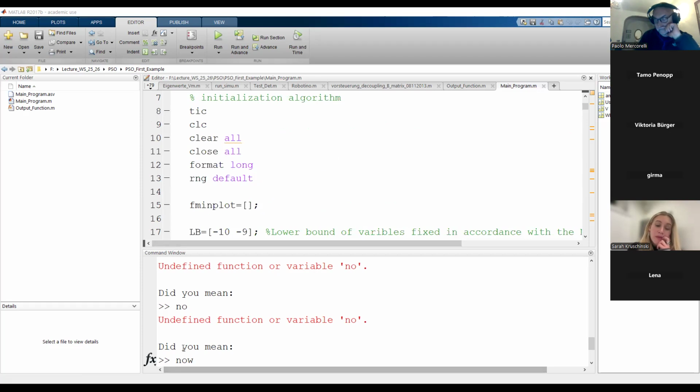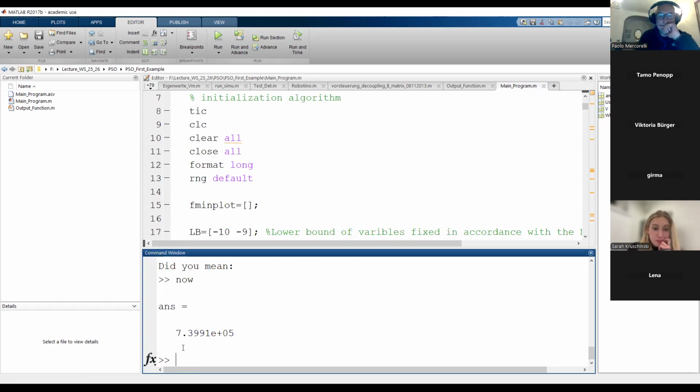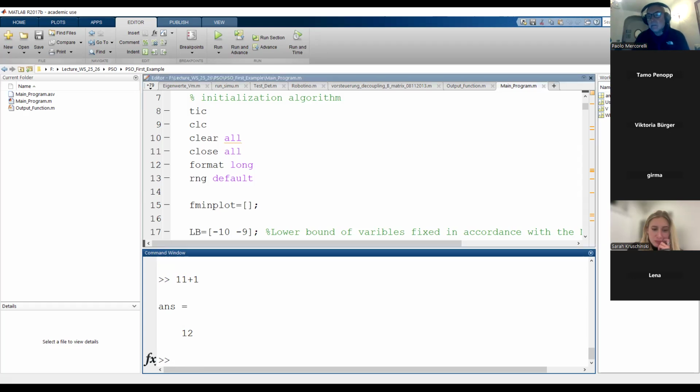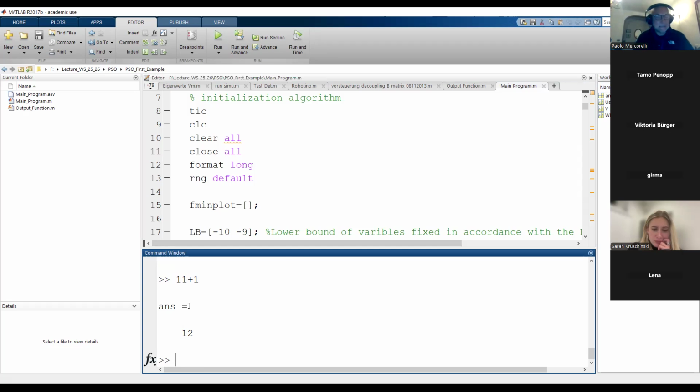Here we have the command window in which we can write, for instance, 11 plus 1, equals answer equals 12. We can use this environment for different tasks, in particular to call an M file, which I can write here.